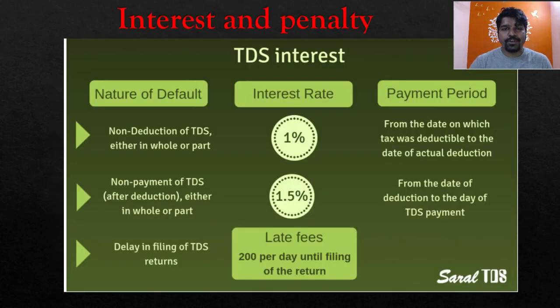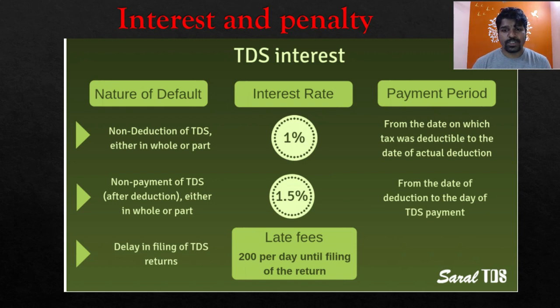In case you did not deduct, or you deduct later and file late, what is the interest and penalty? In case you did not deduct any TDS, like 11,050 you had to deduct, but you missed out to deduct, then you have to bear 1% interest on that. In case you deducted that 11,050, say suppose in the month of October salary you have to deduct in October, and you have to remit that on or before 7th November.